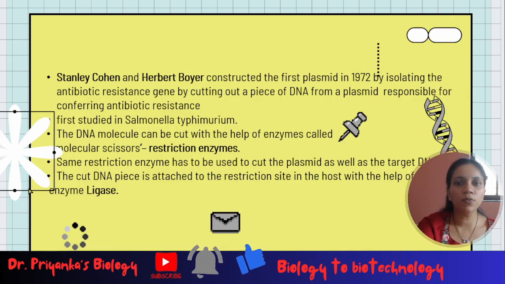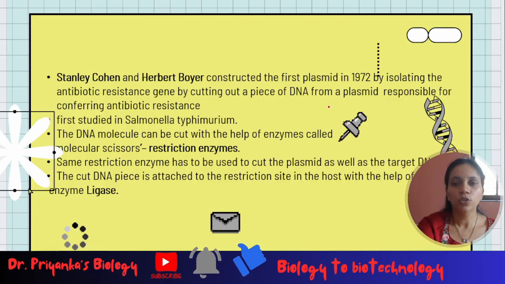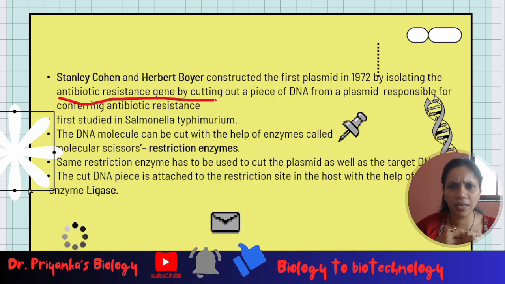This plasmid was first constructed by Stanley Cohen and Herbert Boyer. These two people constructed the first plasmid in the year 1972. What they did was they isolated the antibiotic resistance gene, a gene which is responsible for causing resistance to antibiotics, from some bacterium.